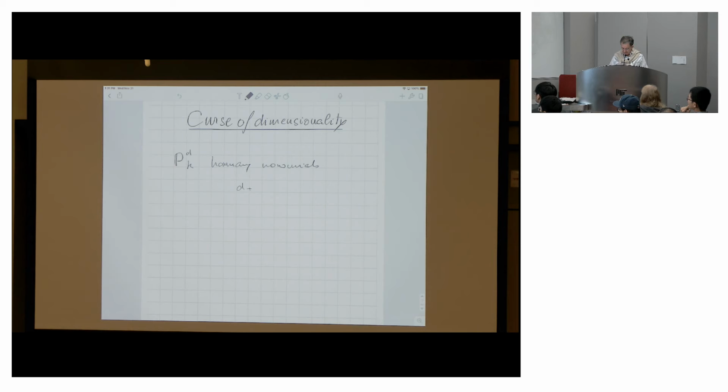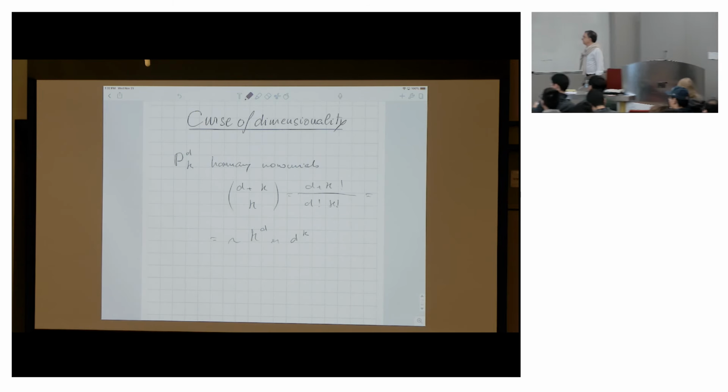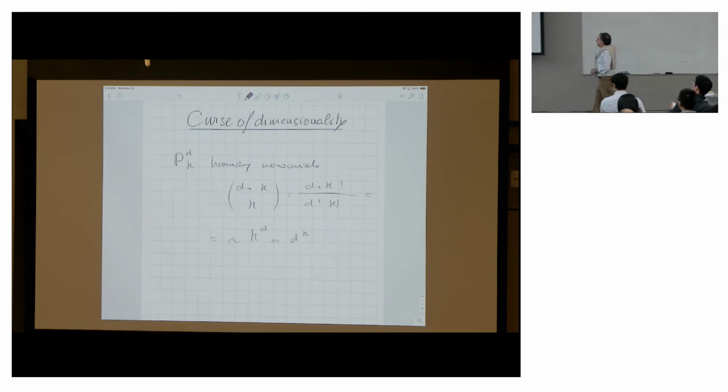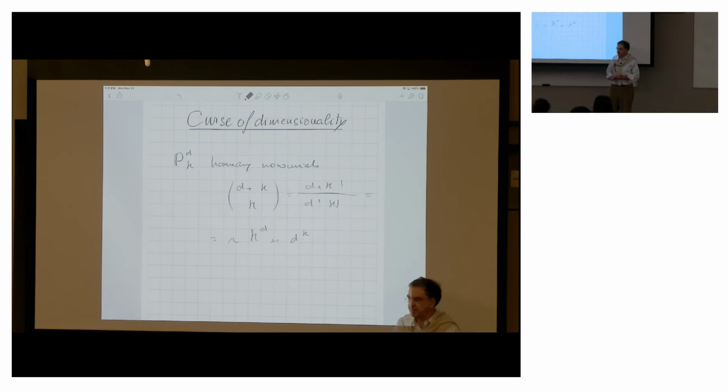Yeah, it's (d+k) over k, and this is (d+k)! over d! k!. And very roughly, you can say it's k to the d, or depending, d to the k. Something in that order. So as soon as k and d become large, these numbers are large.